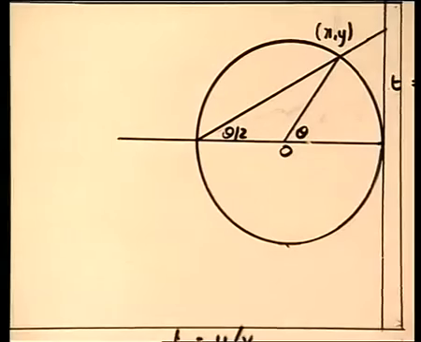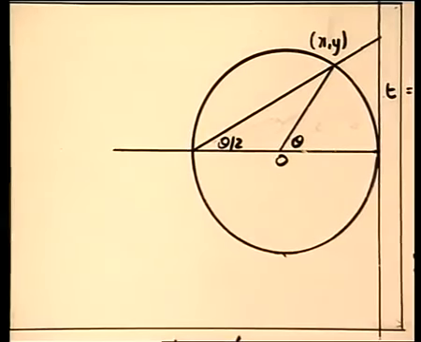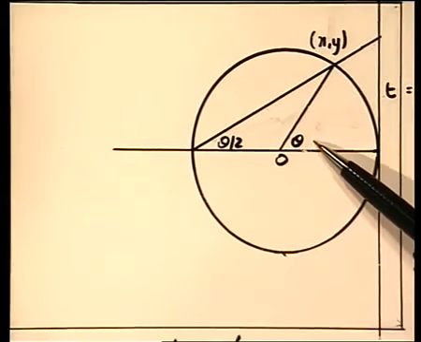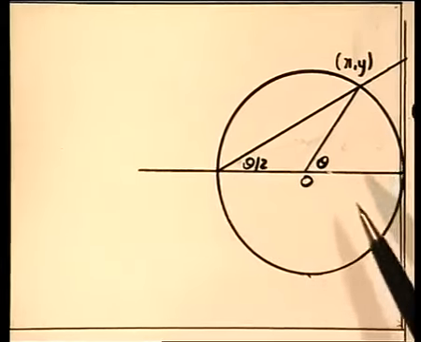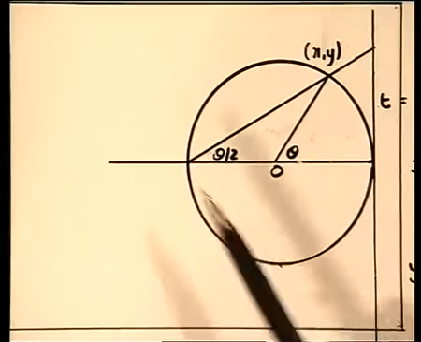Now, in the case n equals 2, the equation is the equation of a circle, and if we have a point (x, y) on the circle, let us suppose that the angle subtended at the center is theta, so the angle subtended at the circumference is theta over 2.